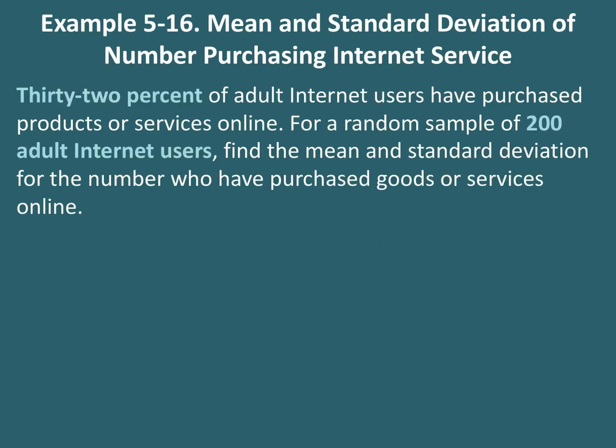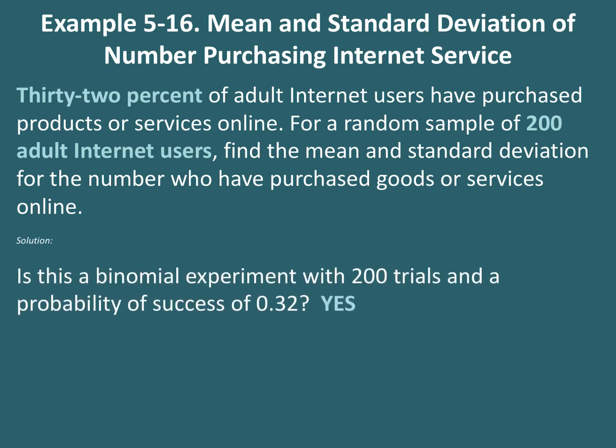Another example. 32% of adult internet users have purchased products or services online. For a random sample of 200 adult internet users, find the mean and standard deviation for the number who have purchased goods or services online. Now, is this a binomial experiment with 200 trials and a probability of success of 0.32? The answer is yes.